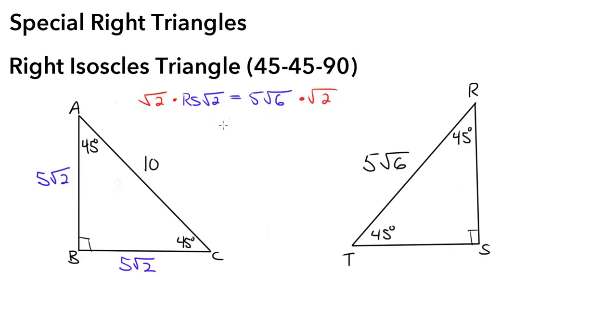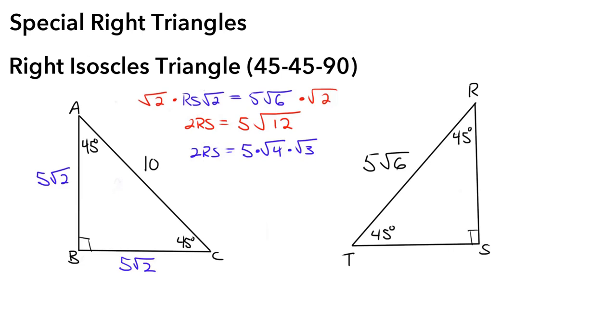So on the left, I get 2RS equals 5, and radical 6 times radical 2 is radical 12. Now here, I can actually simplify radical 12, because radical 12 comes from 4 times 3, and 4 is a perfect square. So I can rewrite this as 5 times radical 4 times radical 3, because 4 times 3 is 12, right?